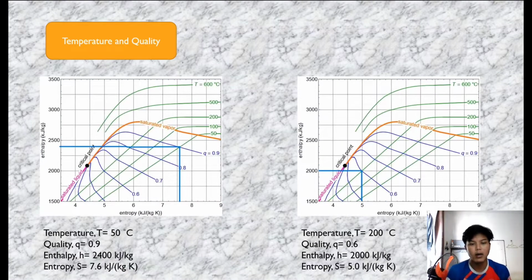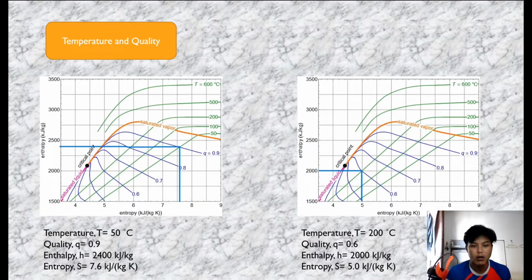Okay, now we are looking for the temperature and quality. It's the same as with pressure and quality. For the first picture, we specify the temperature as 50 degrees, and its quality is 0.9.